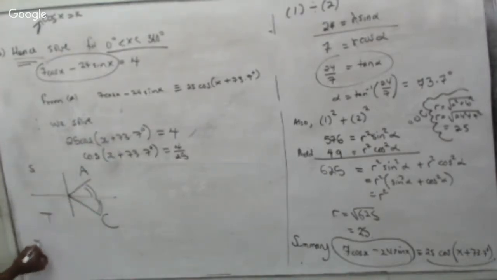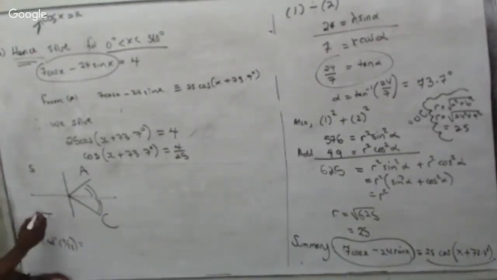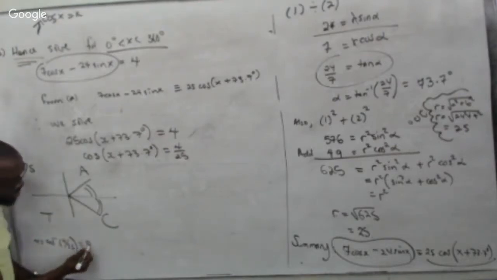So what is that alpha? Cosine inverse of 4 upon 25. What is that, guys? Plug in the calculator quickly for me. 80.8 degrees.